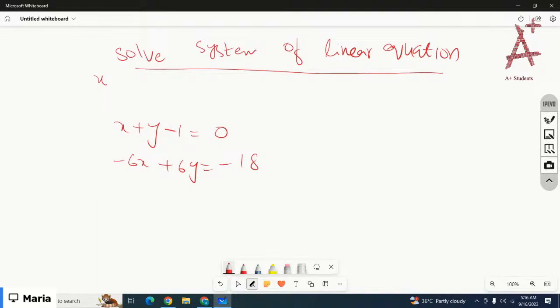Okay, so let's just solve this equation using the substitution method, right?